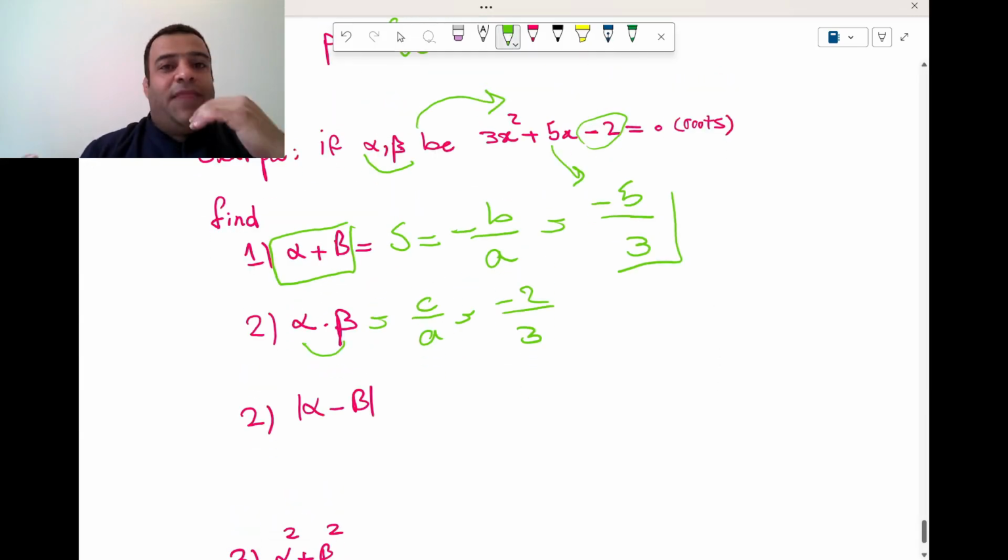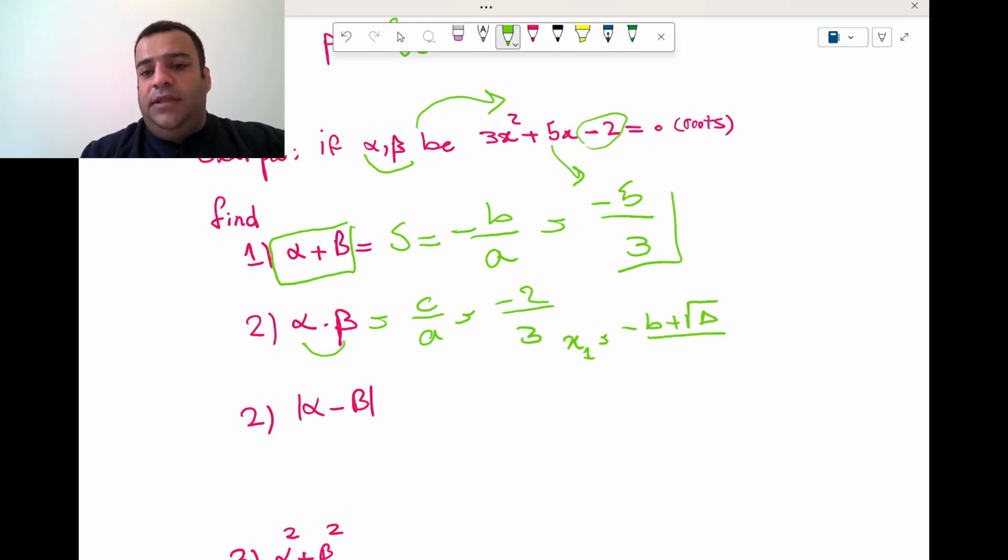But for the absolute value of the difference of the two roots, consider that one of your roots is minus b plus radical delta divided by 2a, and the other one is minus b minus radical delta divided by 2a.